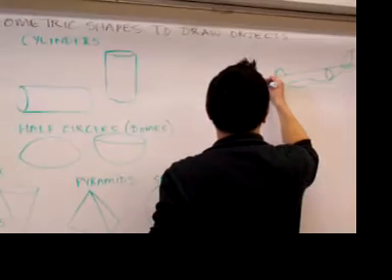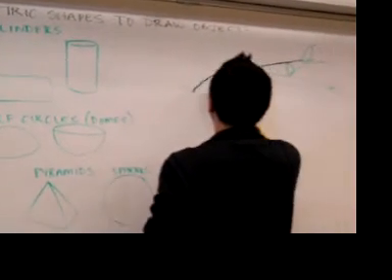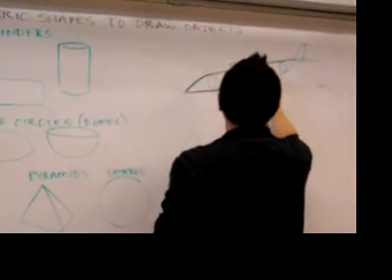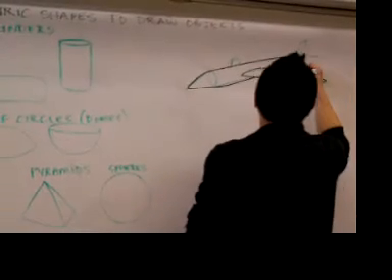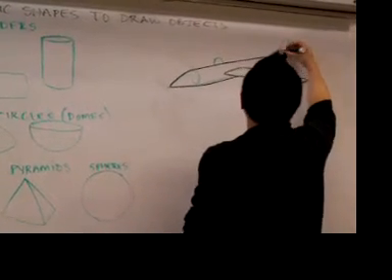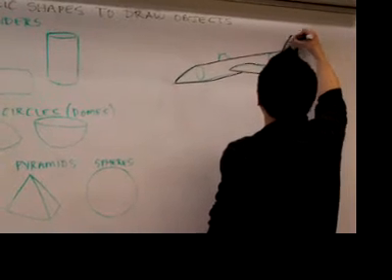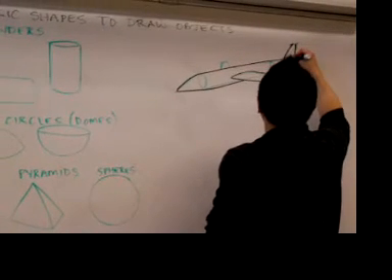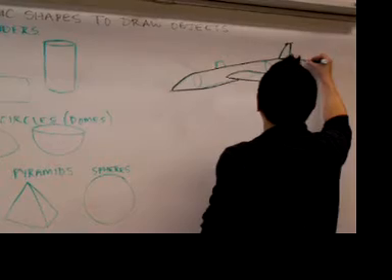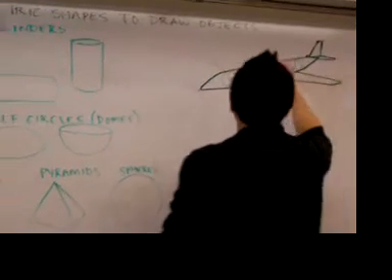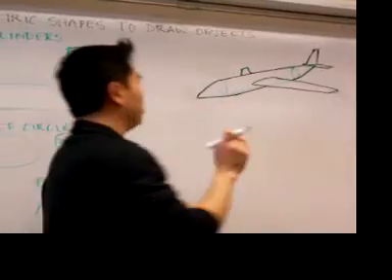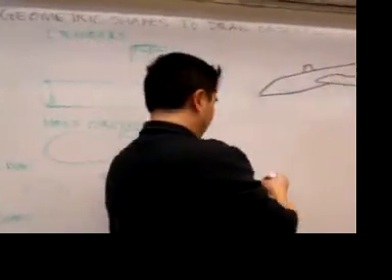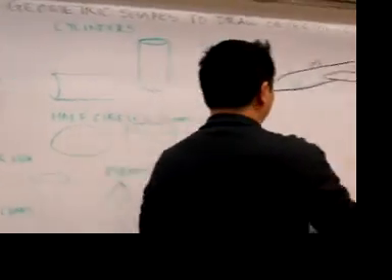Afterwards, I just go back and trace over everything. Okay, I'm doing these pretty quick, so it may not look that great, but I would normally use a ruler and make sure that things line up.